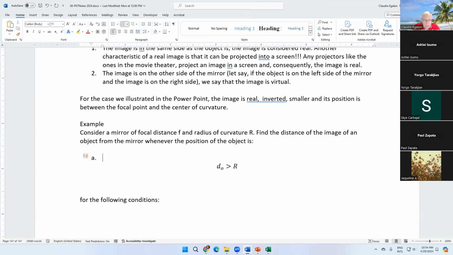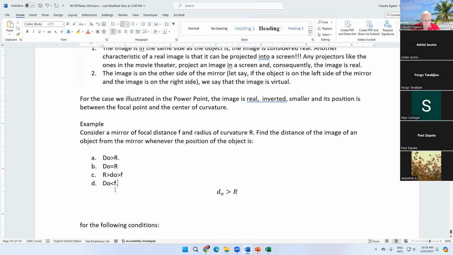Okay, gotta do that. Greater than R. Now, d_o equal to R. You know, R greater than d_o greater than F. d_o less than F. Okay, 1, 2, 3, 4.